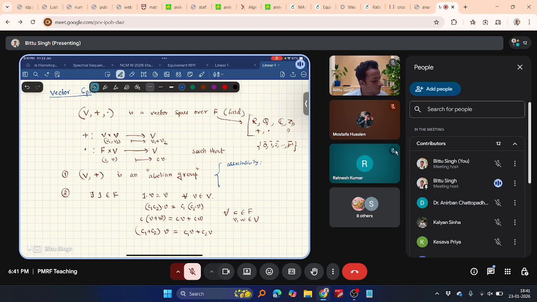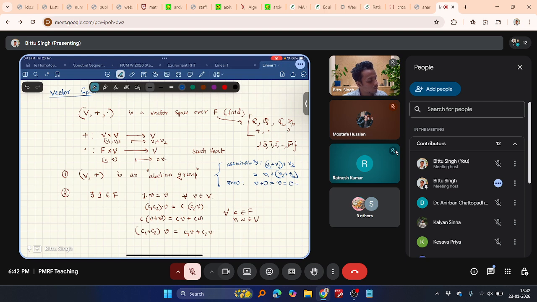Associativity means v1 plus v2, and then if we again add v3, this is the same as first adding v2 and v3 and then adding v1. And there is something called zero, the additive identity. It means if you add zero, this gives me the same element.